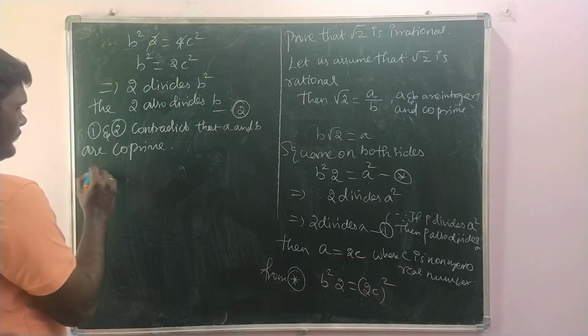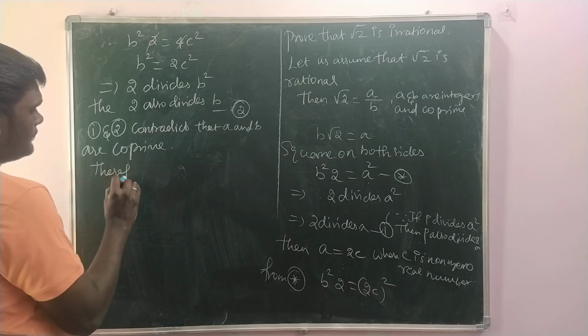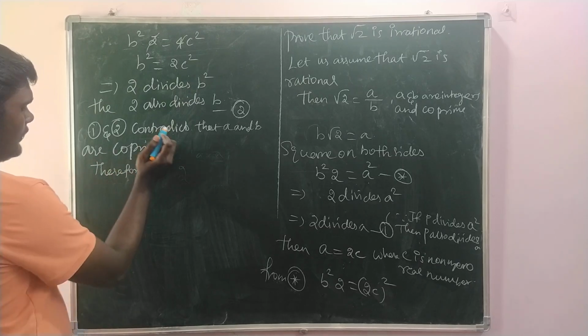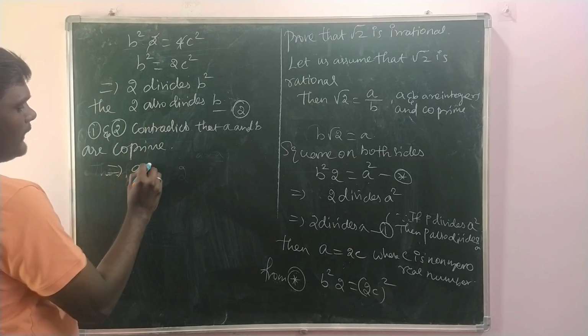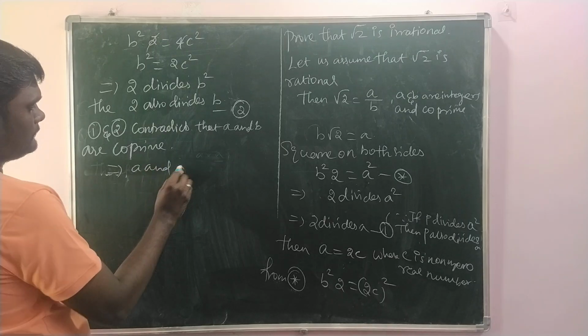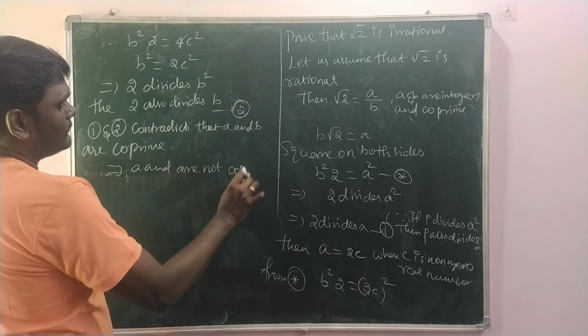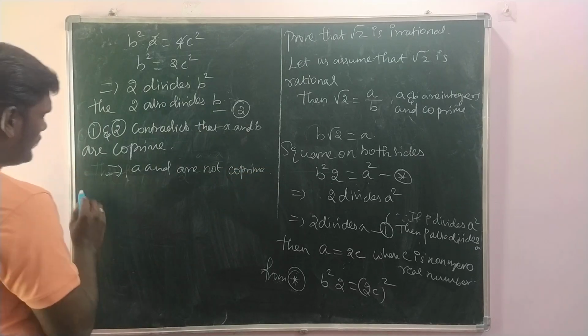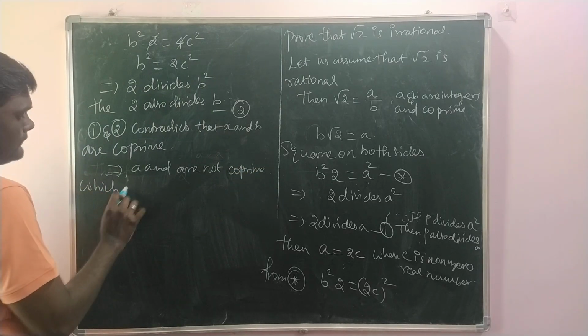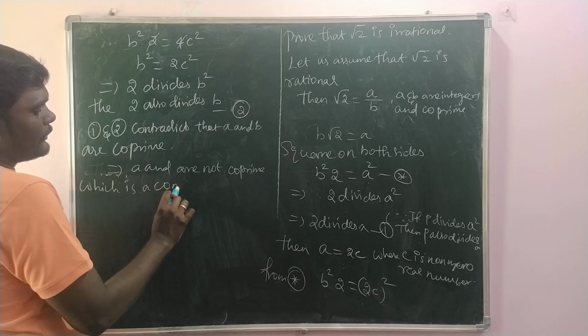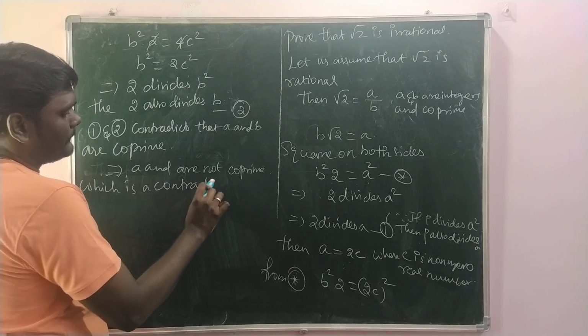So that implies that A and B are not co-prime, which is a contradiction to our assumption.